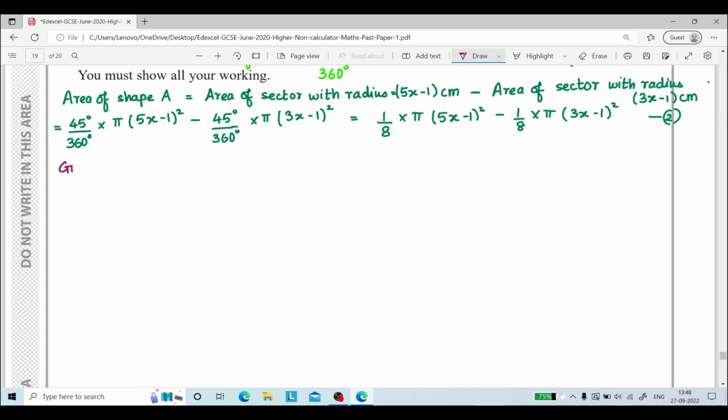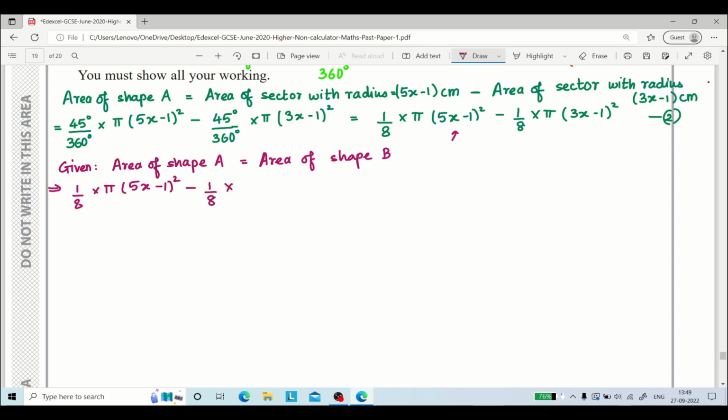So given area of shape A is equal to area of shape B. Don't worry, we'll simplify all of this part. So that gives us 1 over 8 into pi into 5x minus 1 whole square minus 1 over 8 into pi into 3x minus 1 whole square.